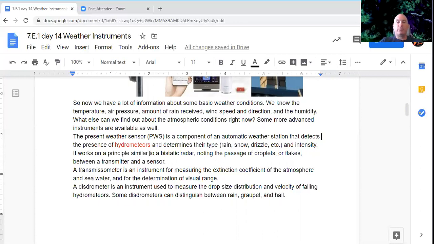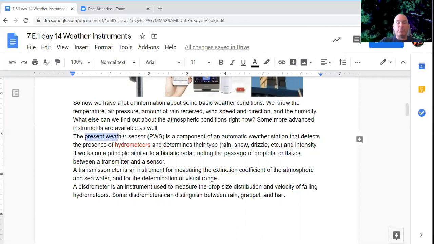It works on a similar principle to bistatic radar. Don't worry about the word bistatic. Bi means two, static means not moving. Radar uses light energy to scan things and reads the bounce back of energy, noting the passage of droplets or flakes between a transmitter and a sensor. Now, here's the next thing: a transmissometer.